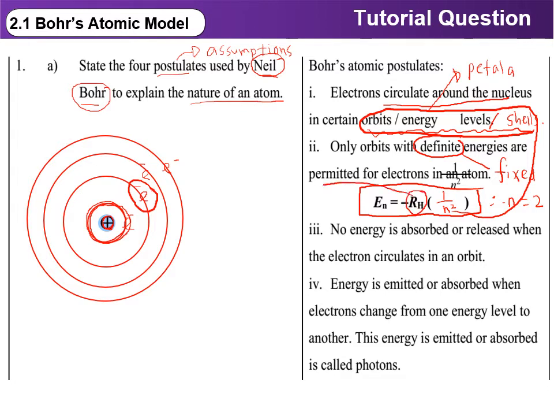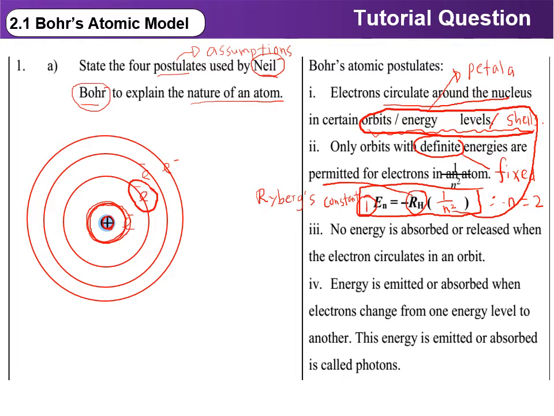RH is called Rydberg constant. This value we will discuss later. In general, this is the first formula that you have to remember: energy at certain energy level is equal to negative RH 1 over n squared.